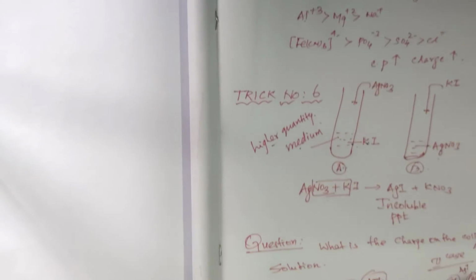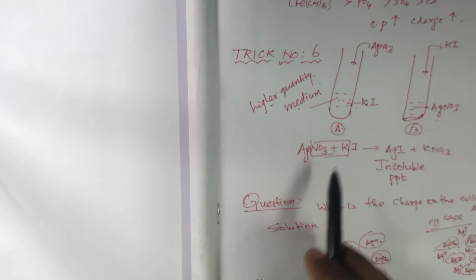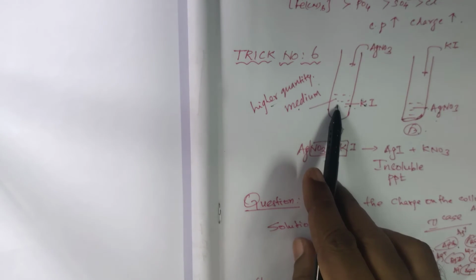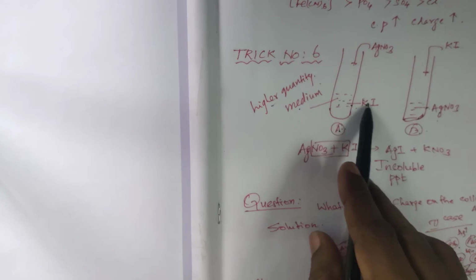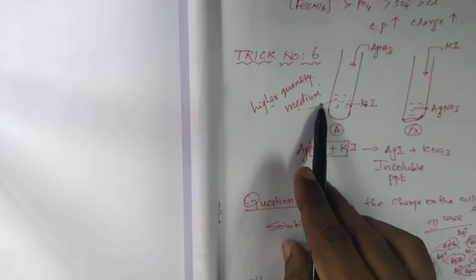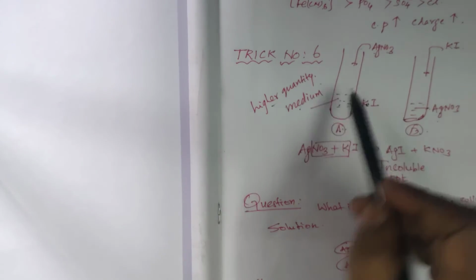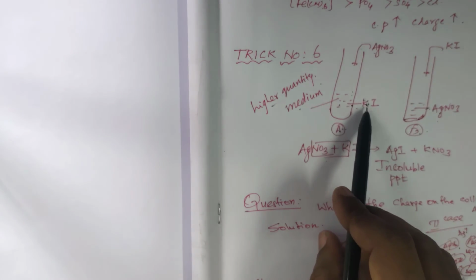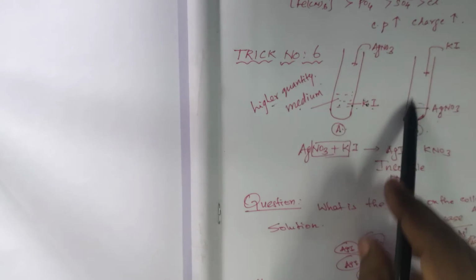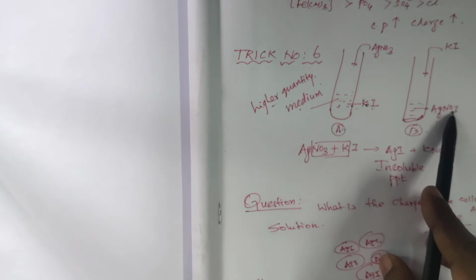Now we move on to trick number 6. Suppose 2 test tubes are taken. For the first test tube, we will pour some KI solution. In this KI medium, some AgNO3 electrolyte is added into it. Here the large amount is KI. In the case of the second test tube, we will pour an AgNO3 medium.